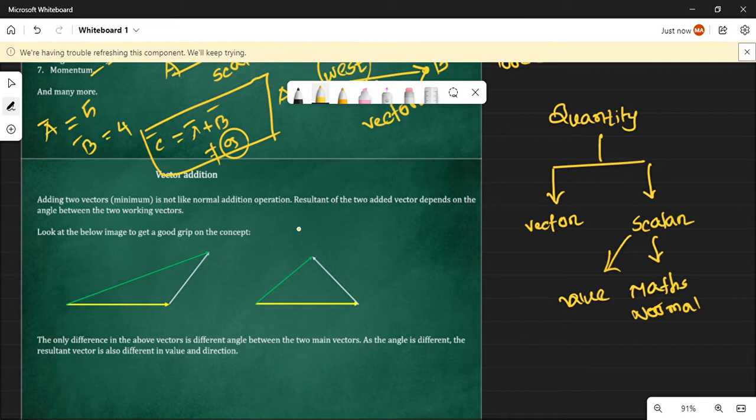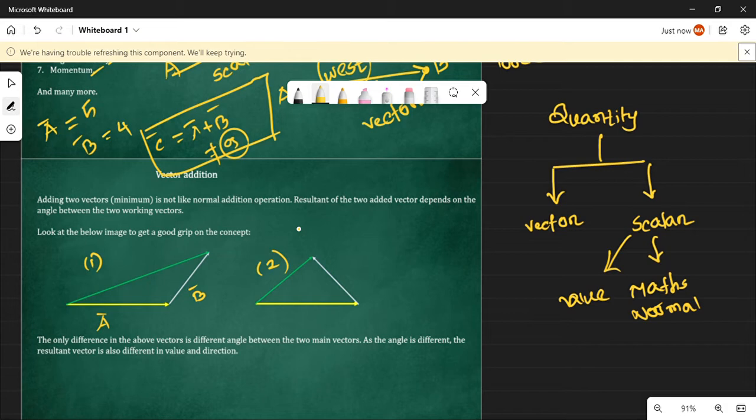I have made a simple vector addition diagram here, with image 1 and image 2. The yellow one can be noted as vector A, and the blue one as vector B.